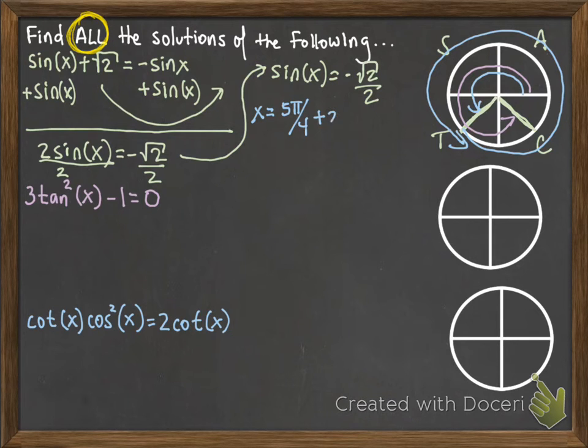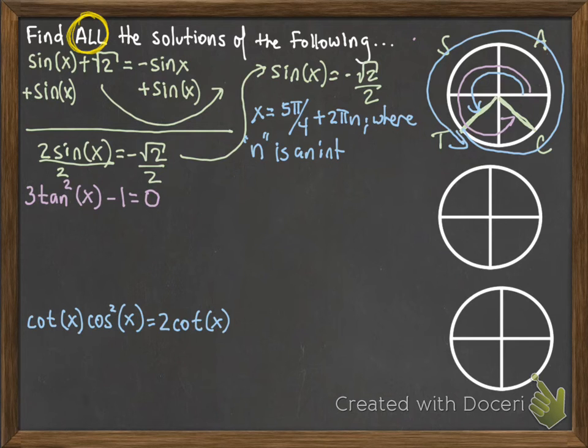So we put 2 pi n, where n is an integer, to make up for all the angles. So we can find them all just based on this particular little algorithm that we wrote for finding x.